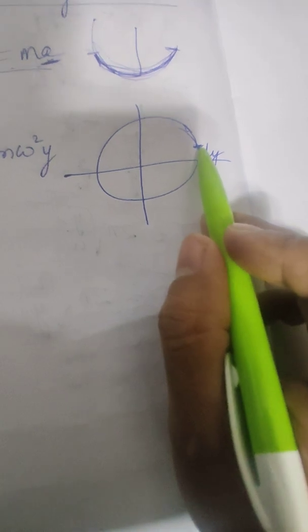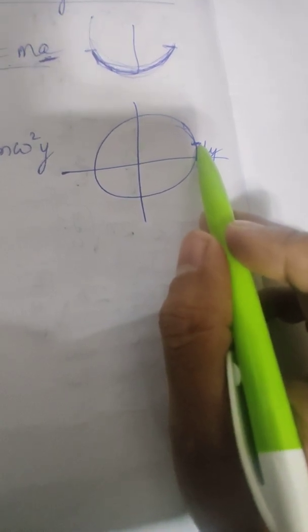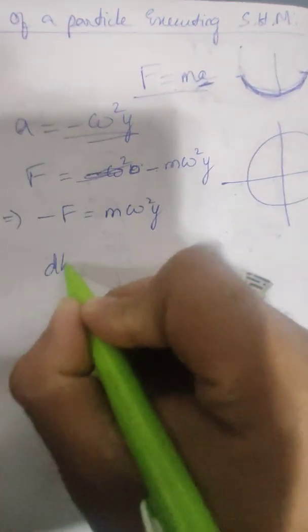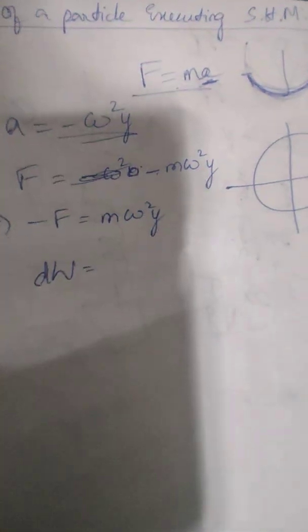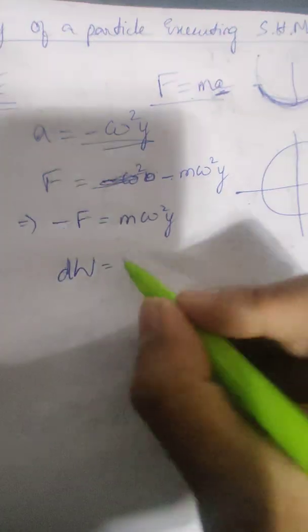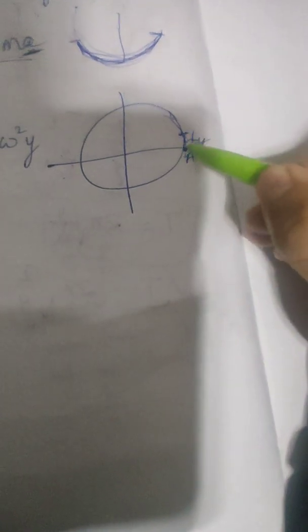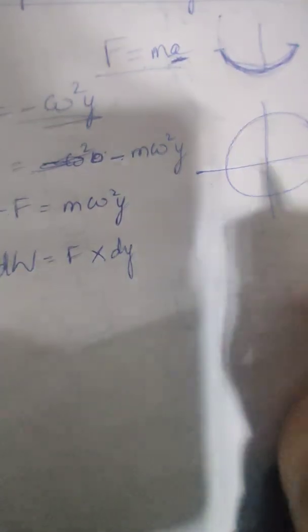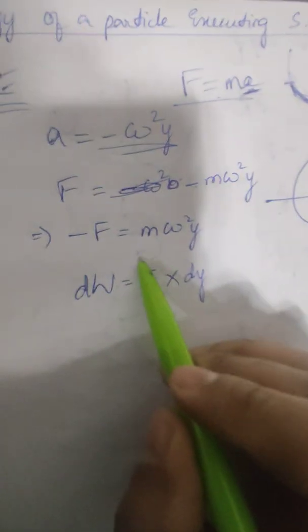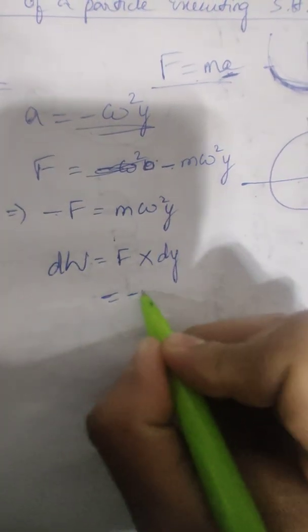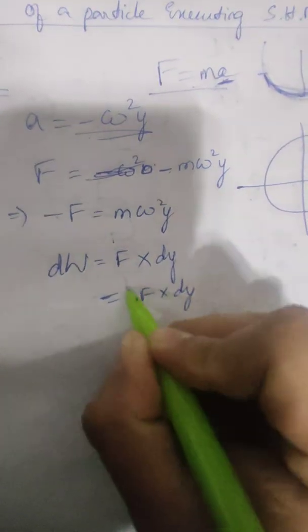Then what will be the small work done? Work is force into distance, right? So work done will be force into distance. The small distance is dy, so F dy, right? But in this case, let us put minus F into dy.